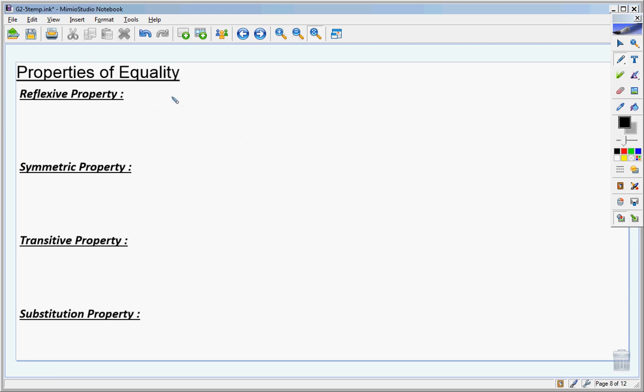The reflexive property simply says A equals A. The symmetric property says if you know A is equal to B, then you know B is equal to A. It's like looking at a line of symmetry. Whatever was on one side could be folded over and put on the other side.